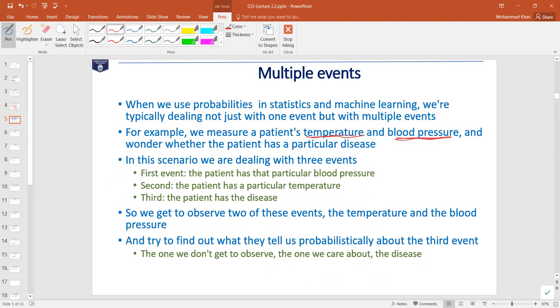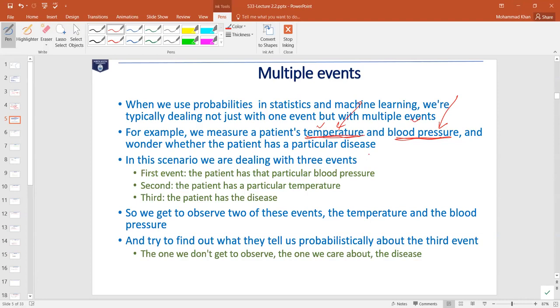Now, these are two events. There is a sample space for that. What are all the temperatures a human can have, or the blood pressures that are possible for a human? So there is some sample space. Now the doctor takes a sample for a patient from the sample space, but the doctor is not really interested in either temperature or blood pressure alone.